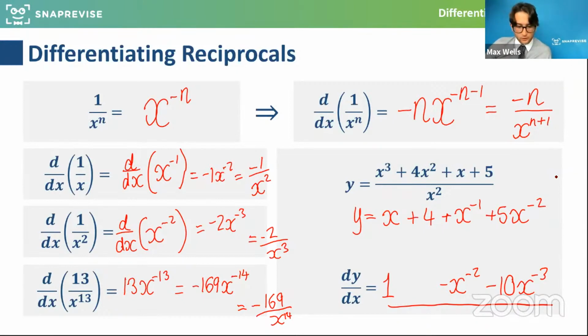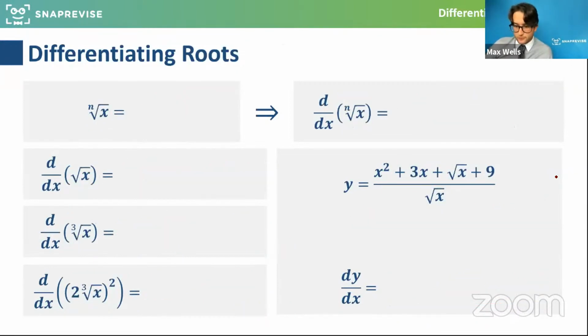So let's have a little look at roots. When we've got a square root of x or an nth root of x, hopefully everyone's happy that this is a power of 1 over n. And just a good little sidetrack to remember why this is a rule. Remember, if you think about it, y is x to the half, root x, because x to the half times x to the half is x to the 1.